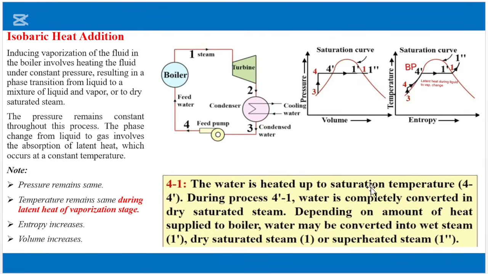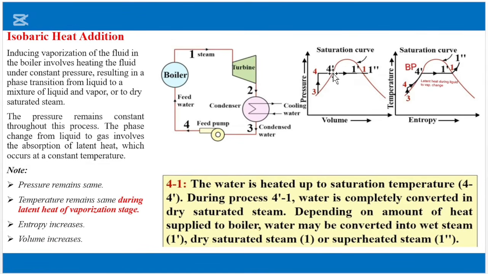So let us see what is going to happen. The water is heated up to saturation temperature. That means we will have to look at this 4 to 1 process. So 4 to 4 dash. During 4 to 4 dash, when you are applying heat in the boiler, slowly the temperature reaches the saturation temperature of the water.